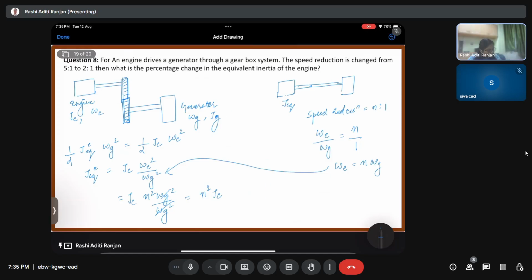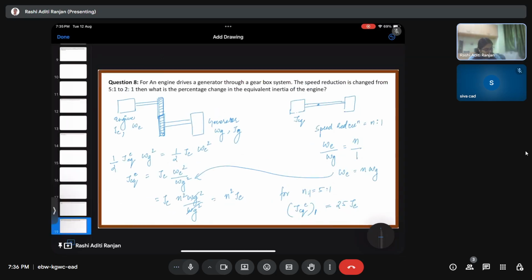For n = 5:1, we have J equivalent of engine 1 as 25 Je.